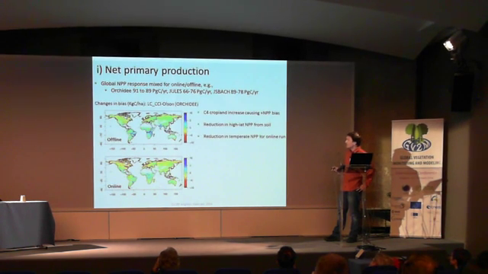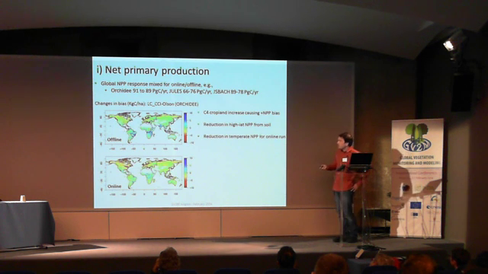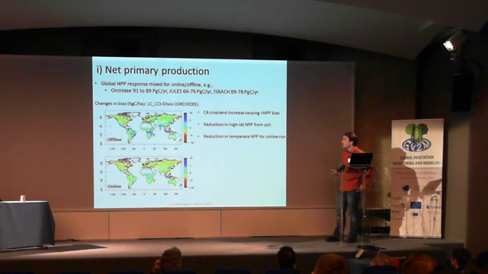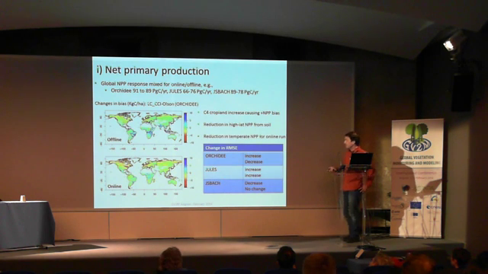In particular, with ORCHIDEE, we saw that the bias in NPP actually increased in the C4 cropland region. So this gives us some indication about which model processes should be adjusted to reduce bias. In the coupled simulation, we see some of these biases, but we actually see larger decreases in NPP in the higher latitudes.